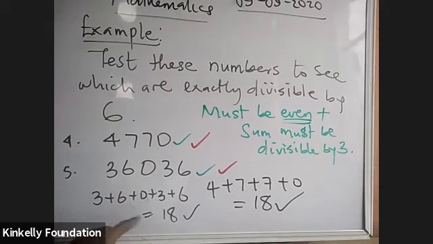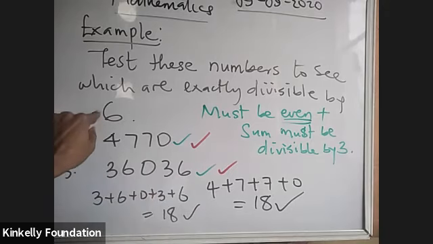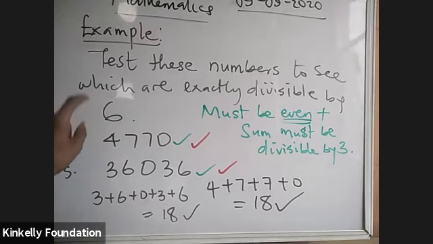So that was what brought in this addition of these numbers. 3 plus 6 is 9, plus 0 is 9, plus 3 is 12, plus 6 is 18. So that same 18 has come here again. This shows that 3 can divide this number. So 3 dividing this number and the number also being even shows that 6 can divide the number. So these two numbers we have written here are exactly divisible by 6.